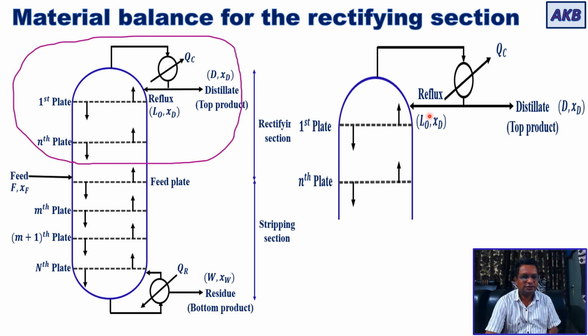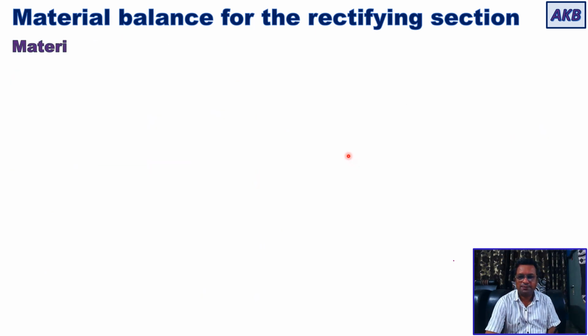The condensate is divided into two fractions. Reflux: L0 will be its molar flow rate, XD will be the mole fraction of the more volatile component, that is A, in it. Then distillate or top product: D will be its molar flow rate and XD will be the mole fraction of A in it. Okay, now let us move ahead.